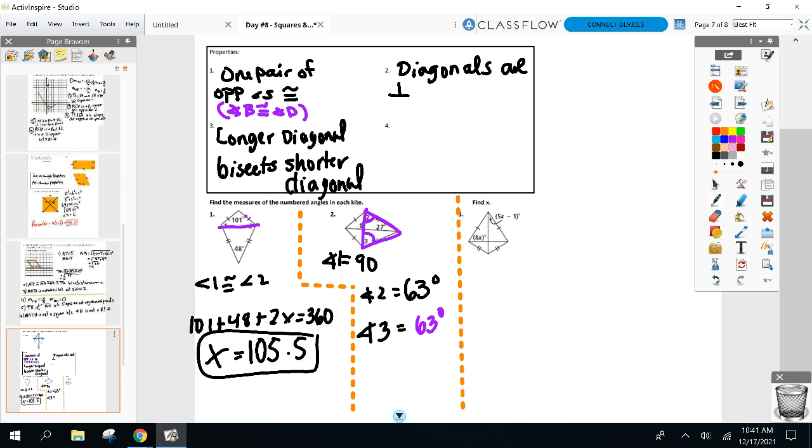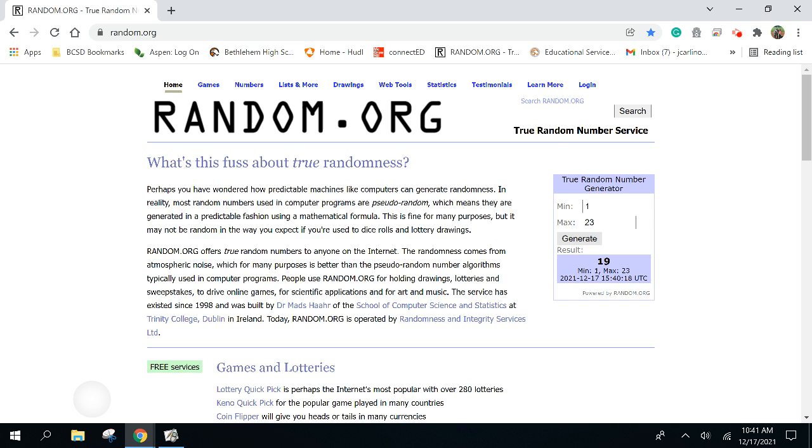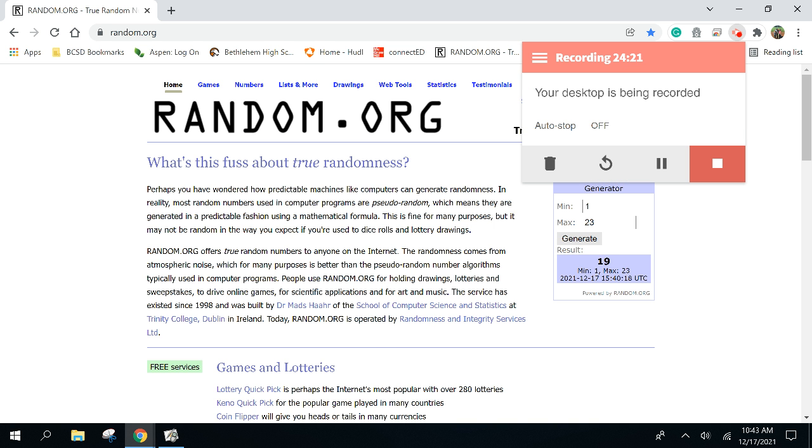We do have some time right now, so in your group, discuss 3. Use all your properties. Mark things down that are blank. How do I get to x? Now you know it's isosceles. Diagonals are perpendicular.